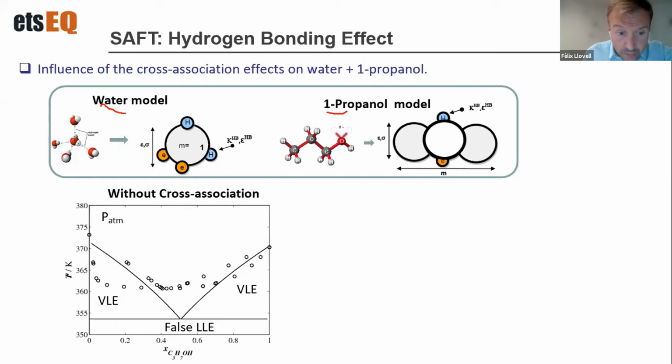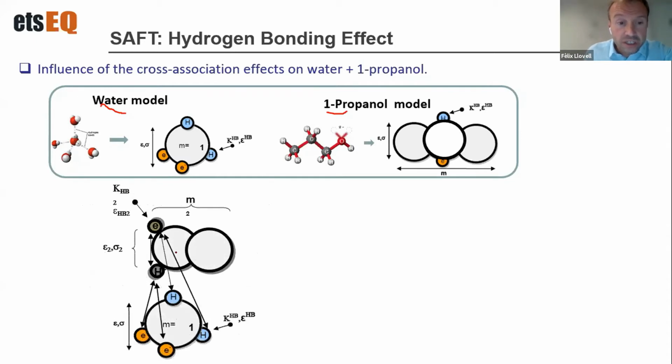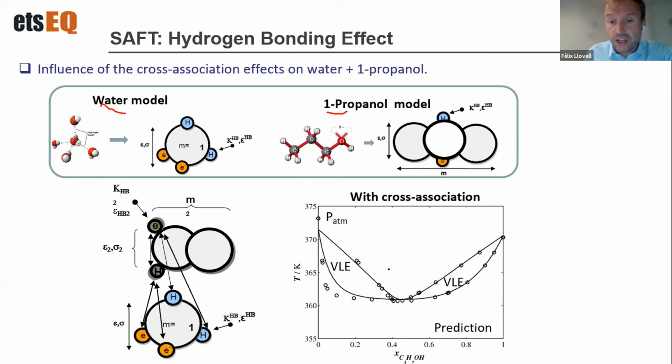It's the temperature-density diagram, and you can see that SAFT does not provide the right result. Why? Because we are not considering the right physics. We are not including the cross association there is between water and propanol. The moment we do, and we consider this interaction, we have a good description of the mixture.